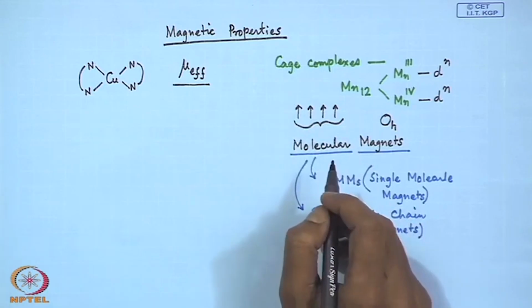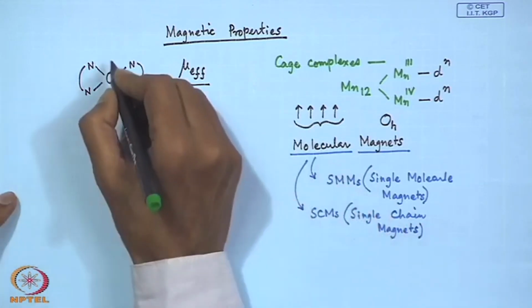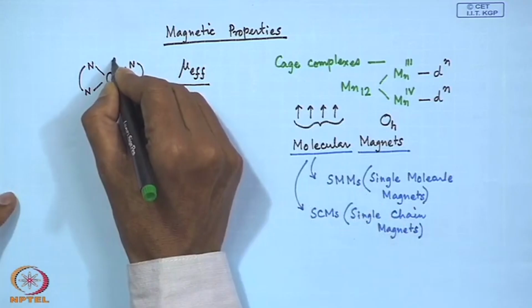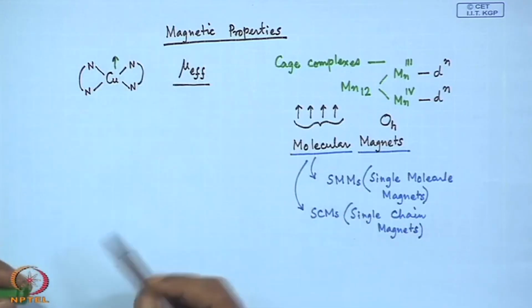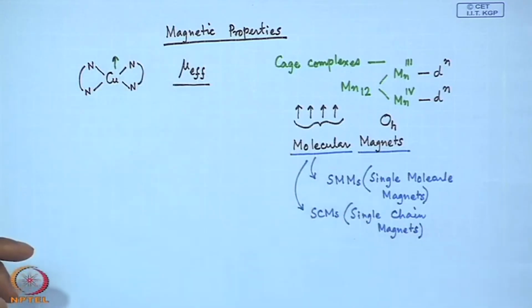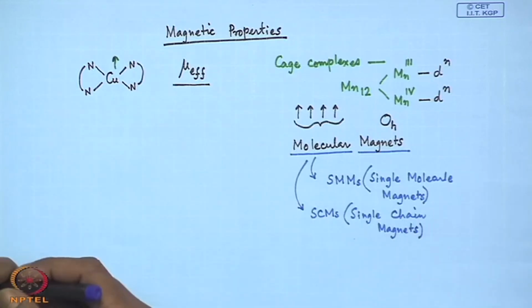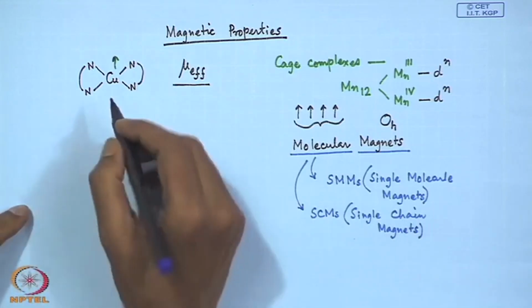But before talking about all these things, let us see what happens when we have a single unpaired electron in a metal complex like a copper 2 complex of 2 bidentate NN donor ligands.